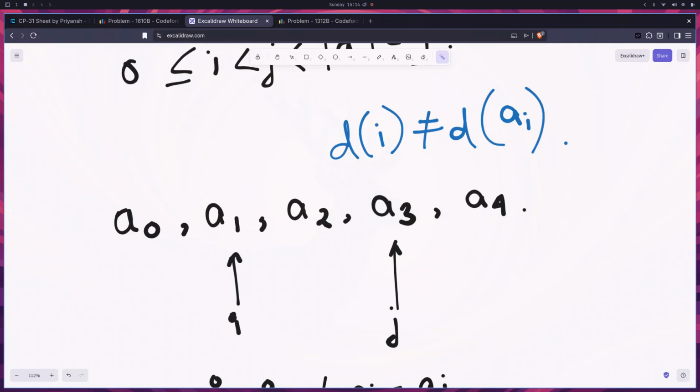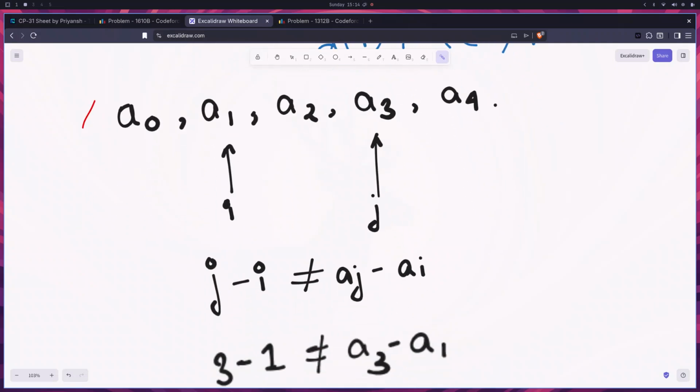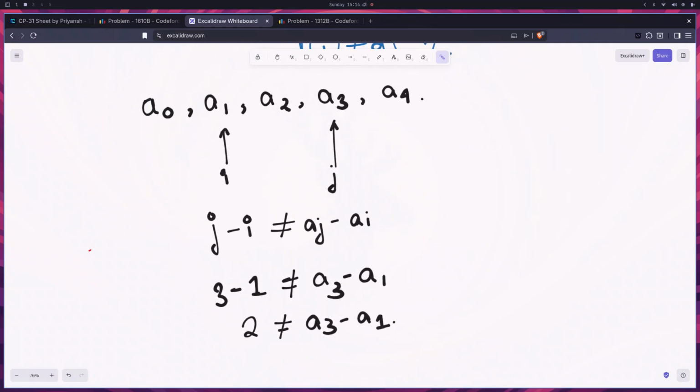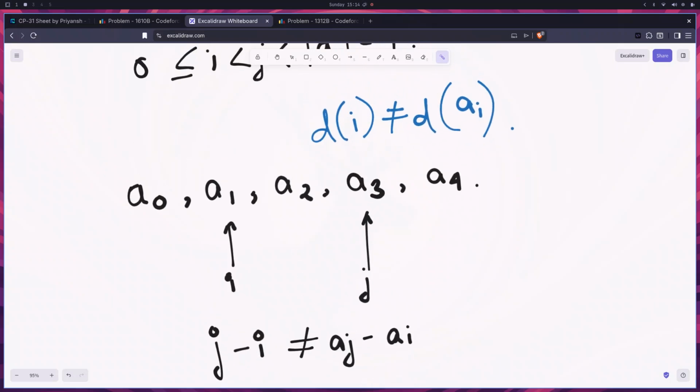Okay, got it? So as all these numbers lie from 1 to 100, the differences can range from... The maximum difference that we can achieve is when, let's say, a of j is equal to 100 and a of I is equal to 1, so 99.